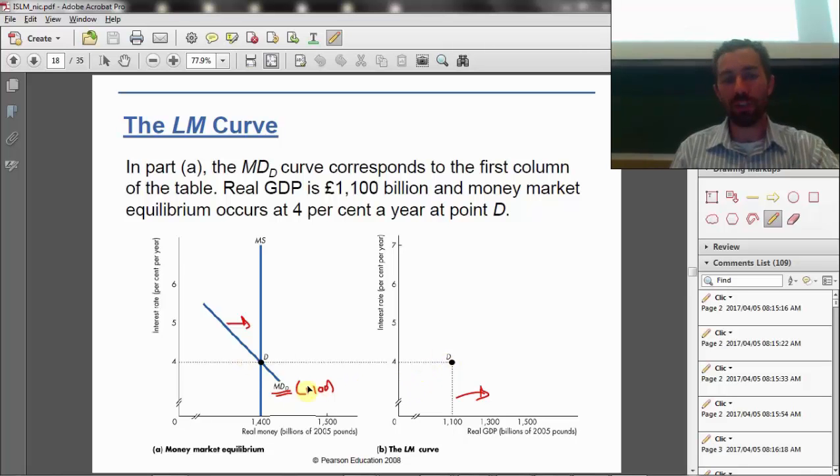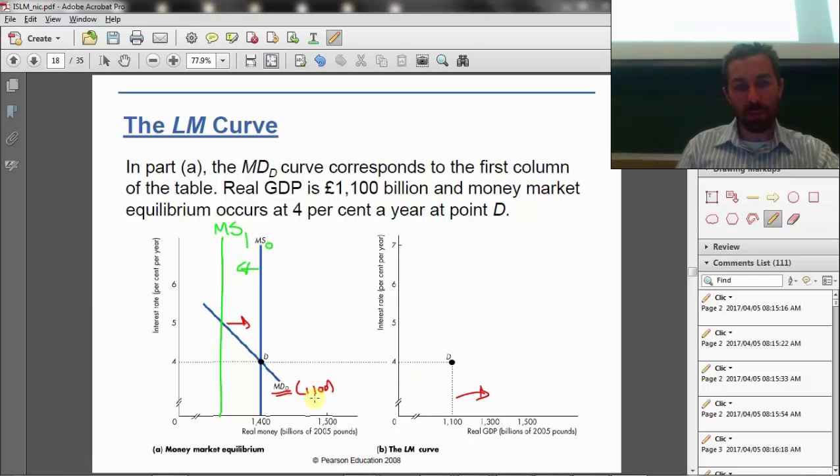If, however, for the same level of output, in other words, with the same relationship between interest rates and money demand, I were, as the Reserve Bank, to shift the money supply curve to the left, in other words, reduce the money supply, from MS0 to MS1, what has happened to my interest rate for the same level of output, MD0? It has increased.